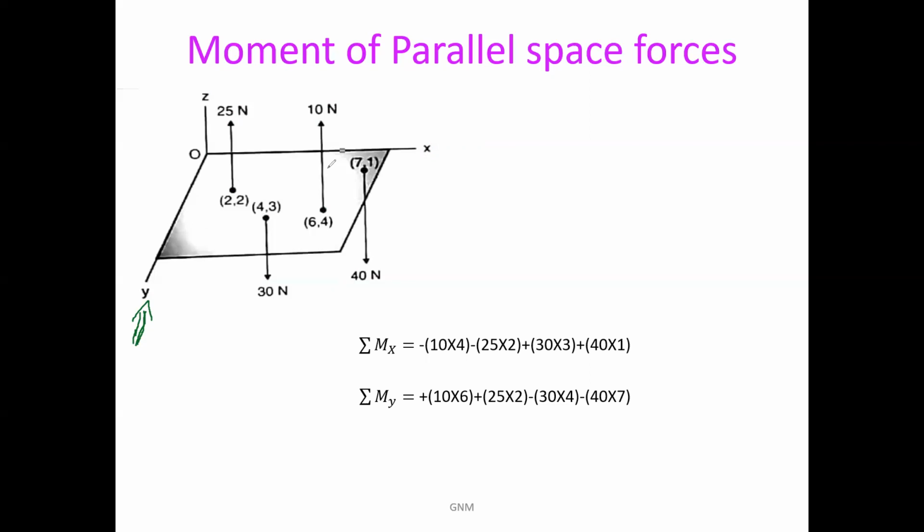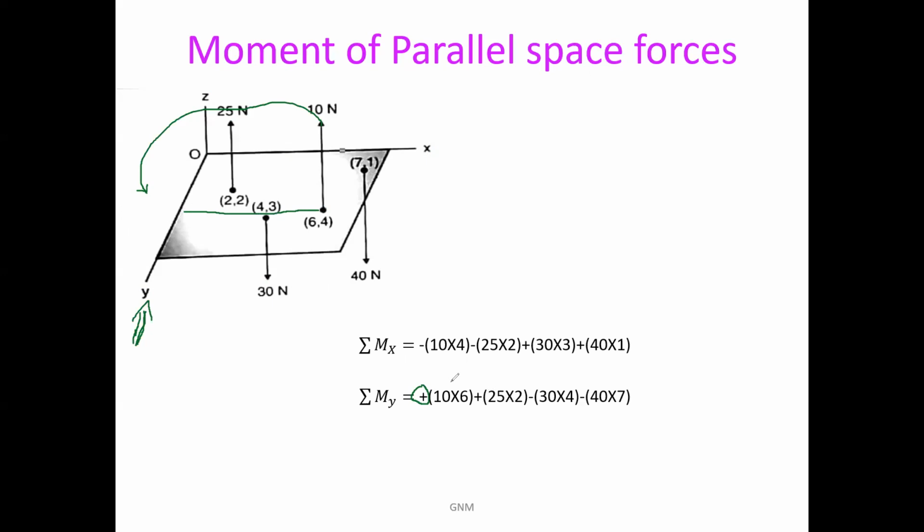First, this 10 Newton force will rotate about y-axis. Y-axis is here, so it will rotate about y-axis anti-clockwise. And moment is written anti-clockwise, like here. Distance of 10 Newton force from y-axis is this x distance. Distance from y-axis is distance parallel to x-axis. So it is given 6 meter. So 60 anti-clockwise is its moment.